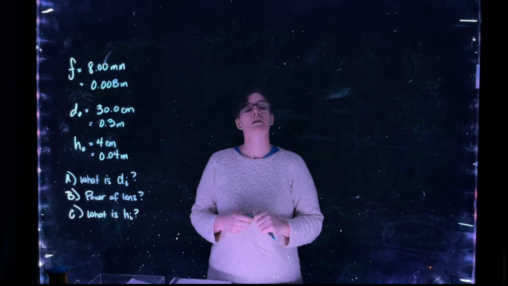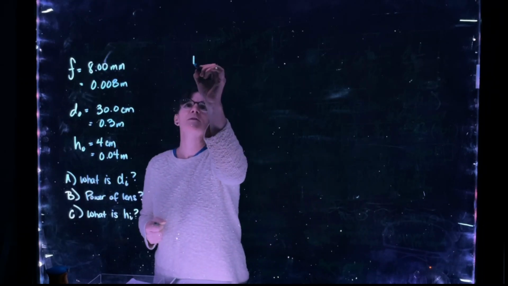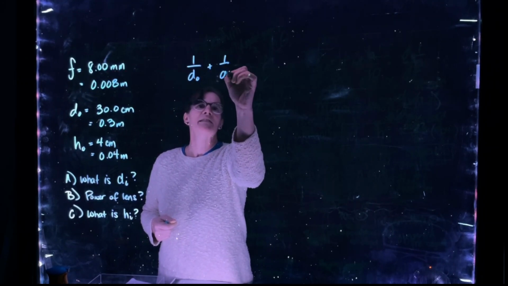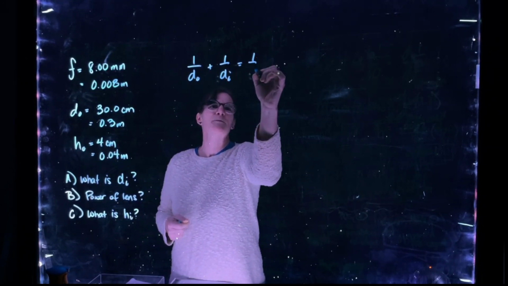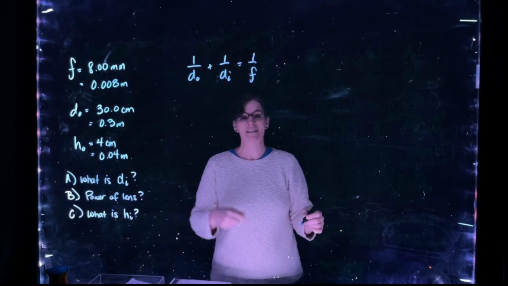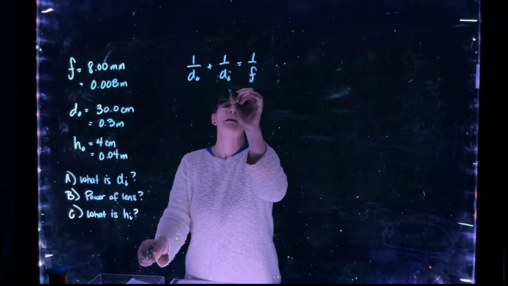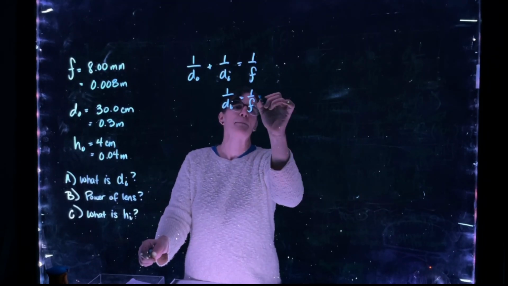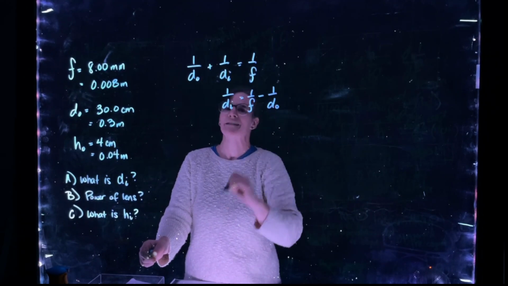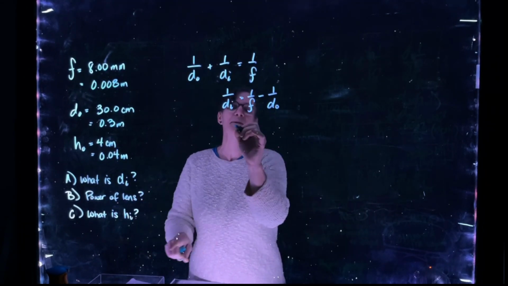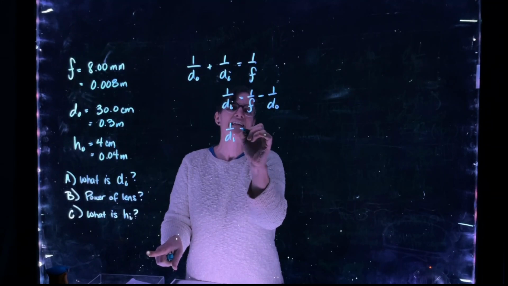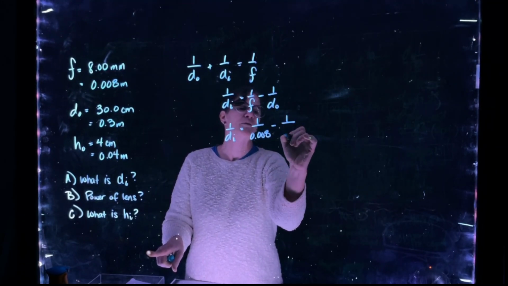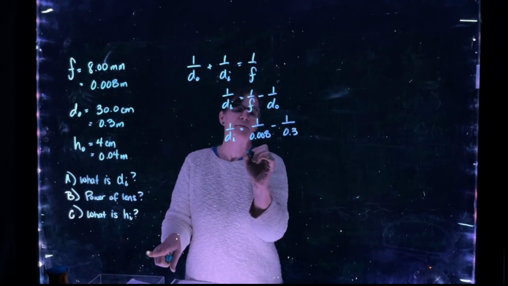Well, we can use our thin lens equation to help us solve that. So we know that the thin lens equation tells us that 1 over the object distance plus 1 over the image distance is equal to 1 over the focal length. And I'm interested in that image distance, so I'm going to bring 1 over the object distance to the other side. I get 1 over the focal length minus 1 over the object distance. And now I just plug in my numbers. I have 1 over the image distance is equal to 1 over 0.008 minus 1 over 0.3.